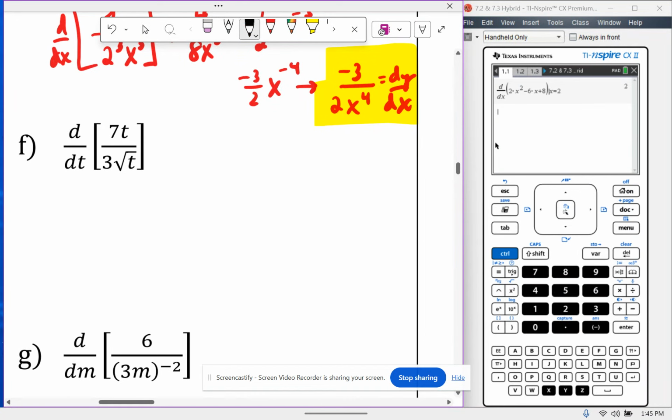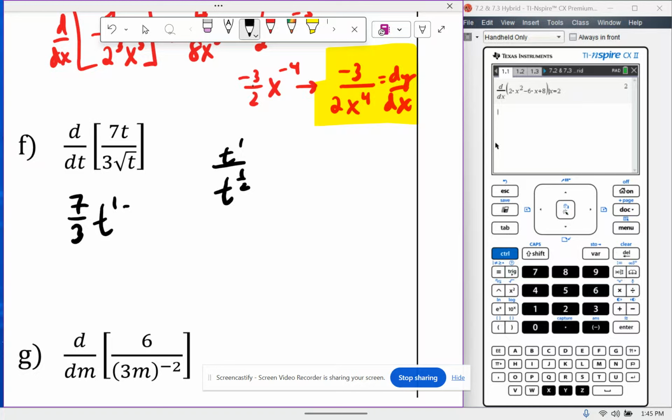All right, F. Try F. Pull out the coefficient. What is it? 7 over 3. What do you think you should do with the t over radical t? Don't you want to get it as all one power? Right? So it should be t to the first minus 1/2, right? Wait, when I put the negative, what is that minus being, our negative?